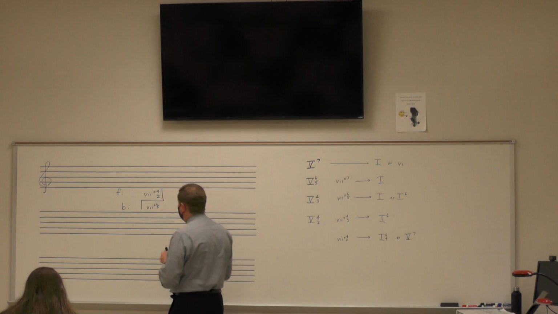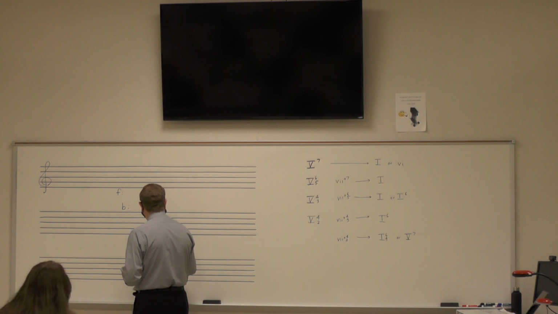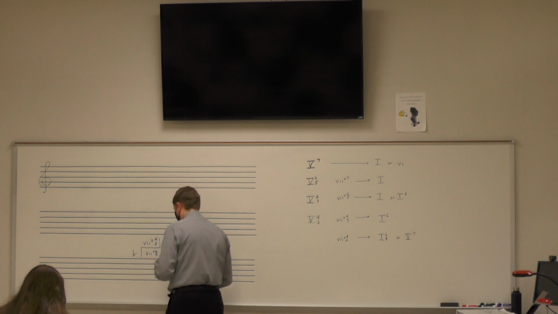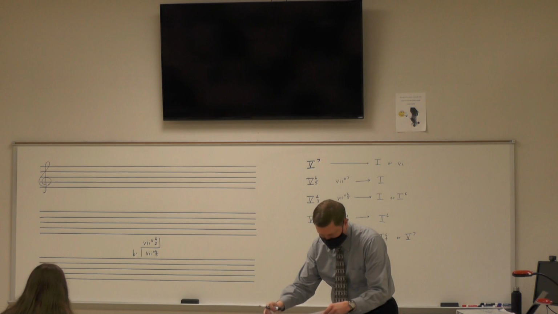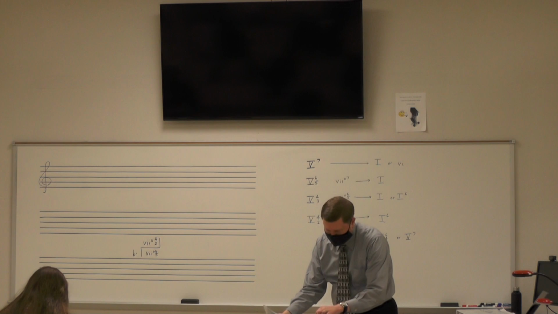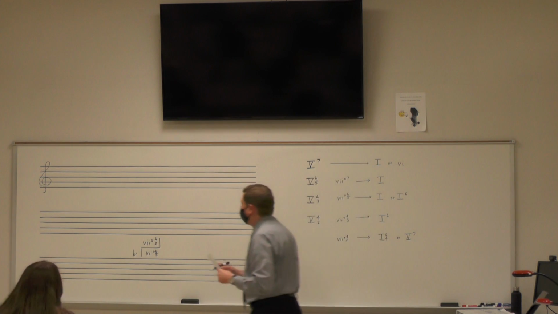I'm going to do it down here, because eventually I'm going to move it down, because I want to incorporate at least the pivot chord. So we put our pivot chord, as you know, midway through our progression.